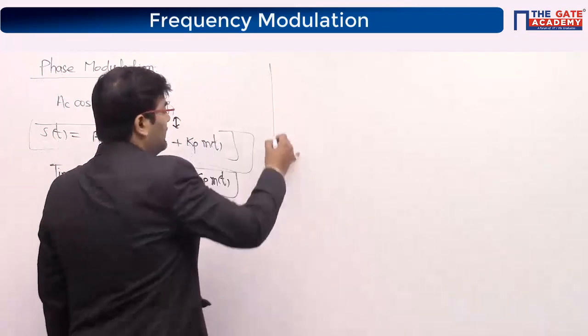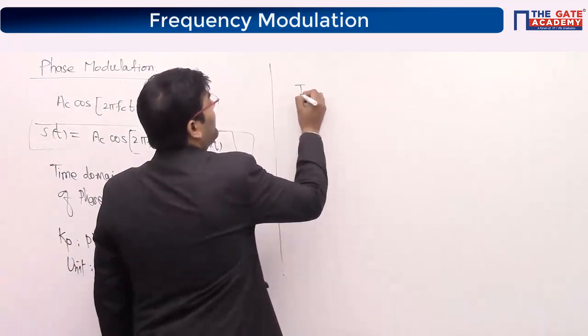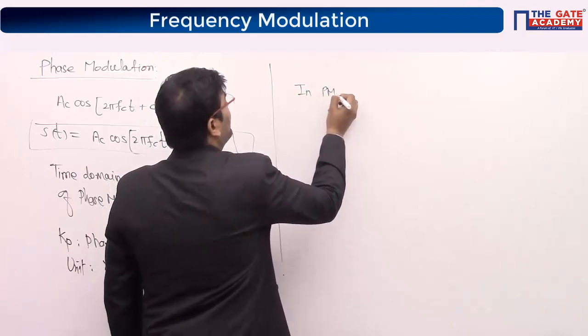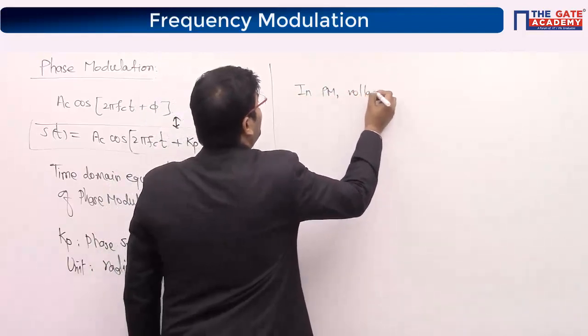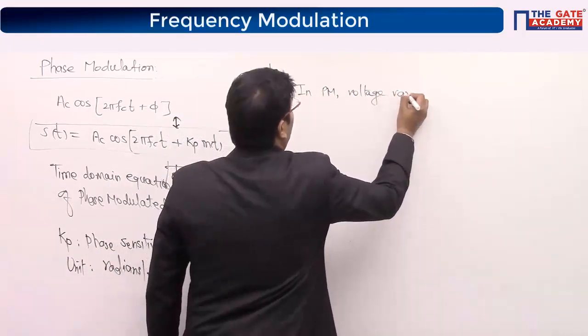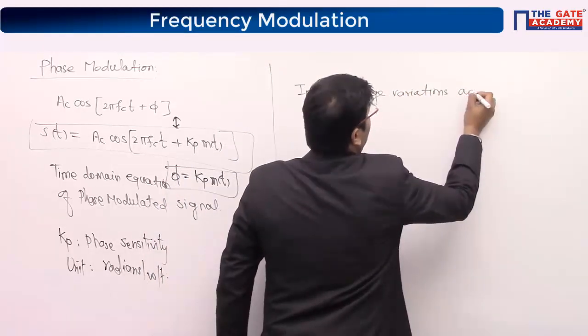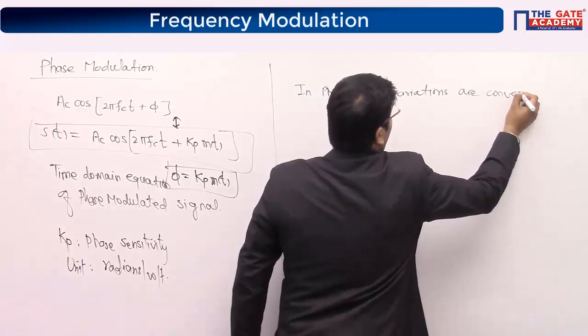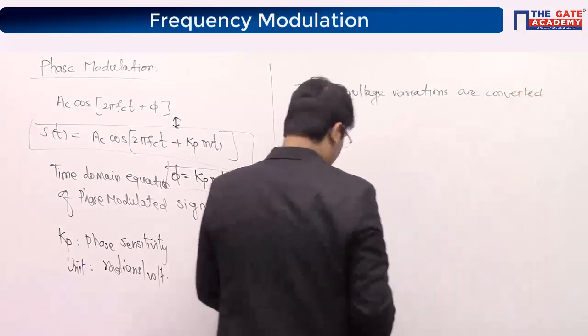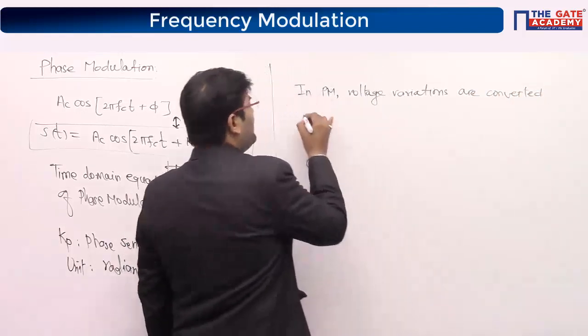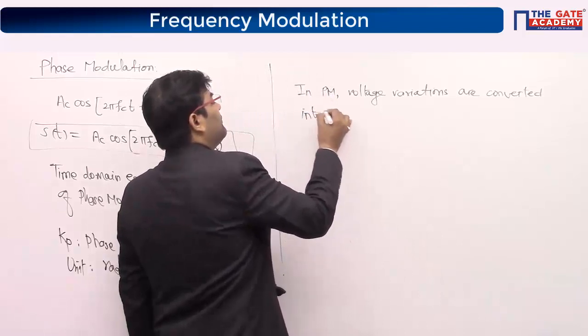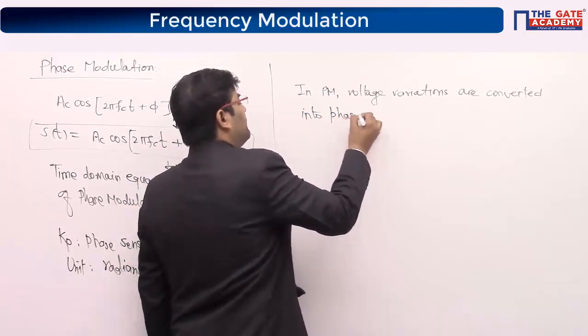Now, just like in FM, here also in PM, voltage variations are converted into phase.